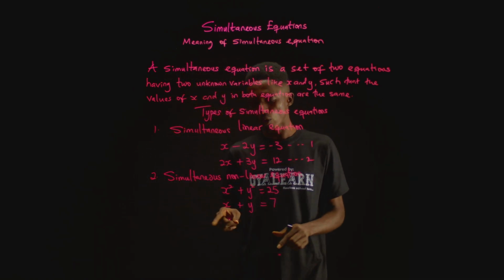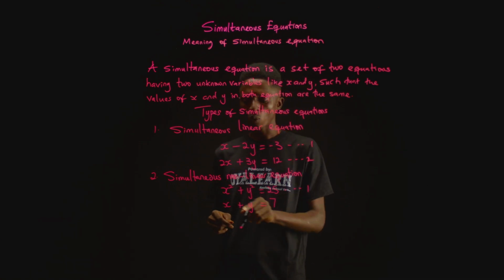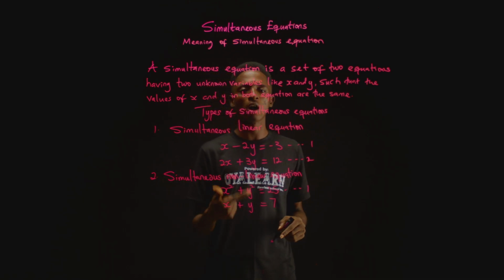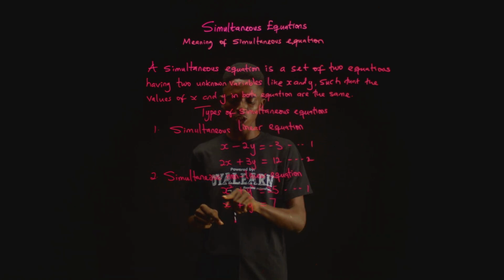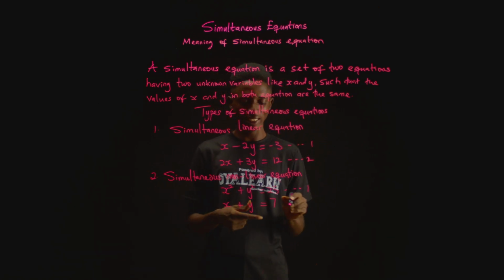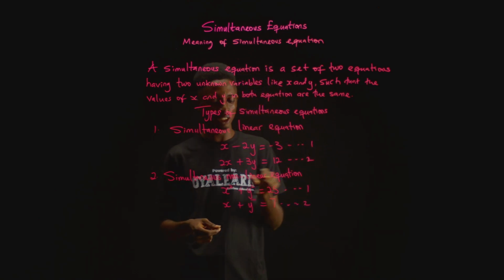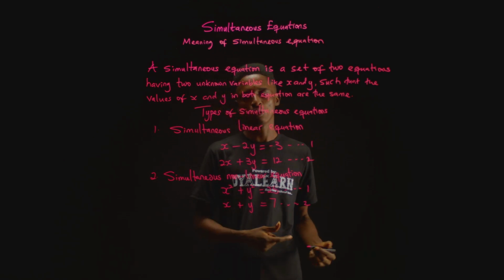Now, in this type of equation, you see that the first line of the equation, that is our equation 1, we have x having a power of 2 and y also having a power of 2. This is known as a quadratic equation. So this set of two equations, we have one quadratic, one linear. Our equation 2 is the linear part. So this equation is known as the simultaneous non-linear equation.